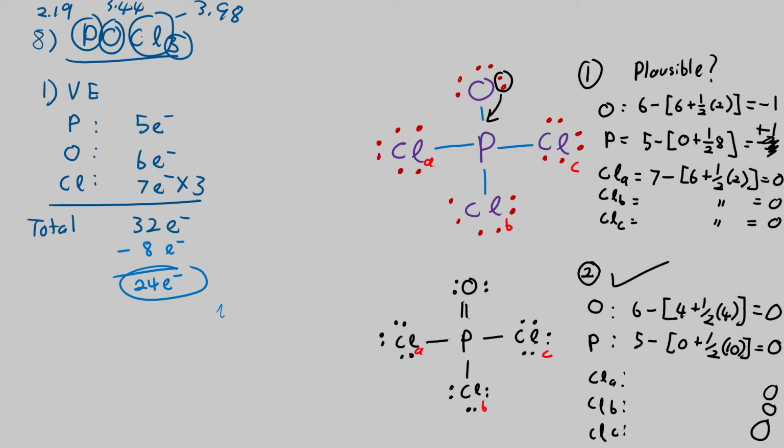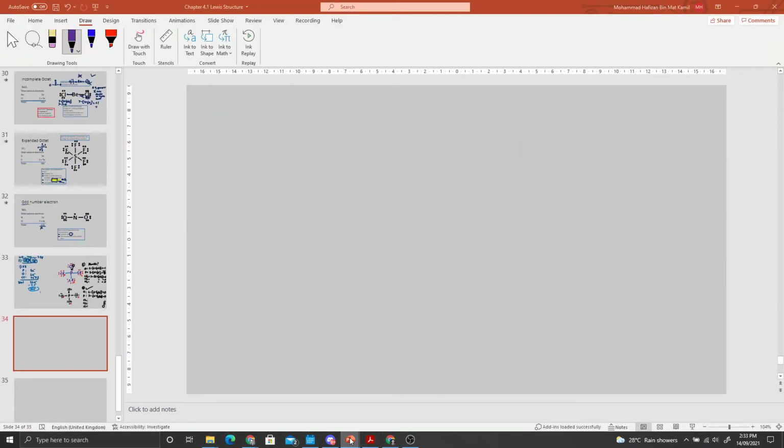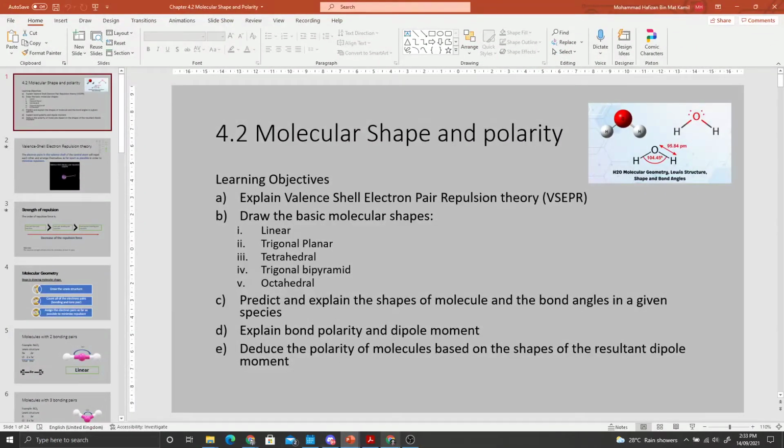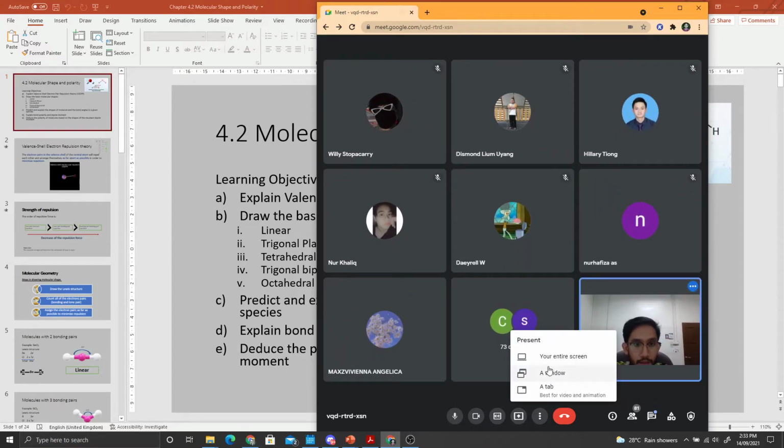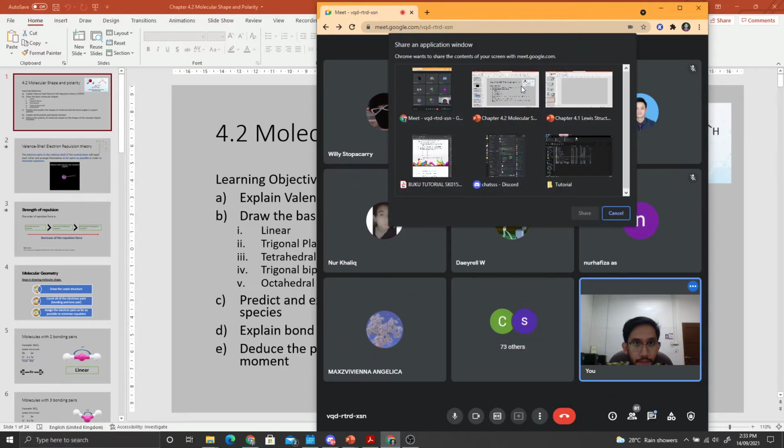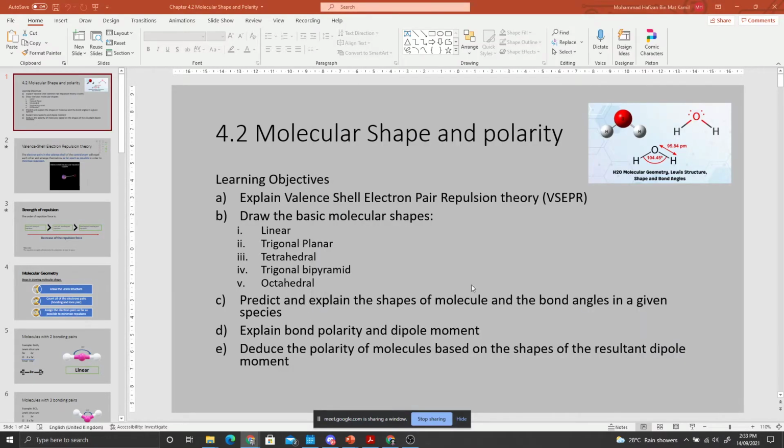Now let's masuk shapes. Alright. So kita akan masuk 4.2. So 4.2 is molecular shape and polarity. Okay. So we are looking at actual shapes.